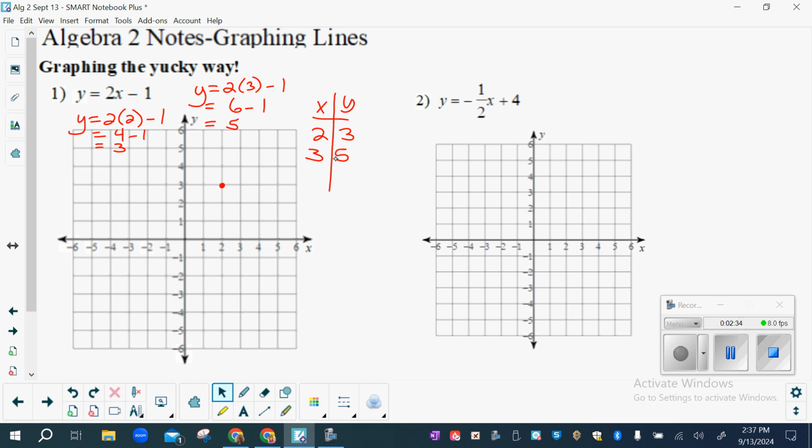So looking at this equation, what kind of shape is it going to be? Just looking at the equation. Some of you knew it might be a line. How do we know it's a line and not something else?